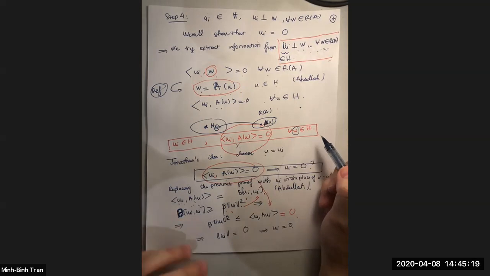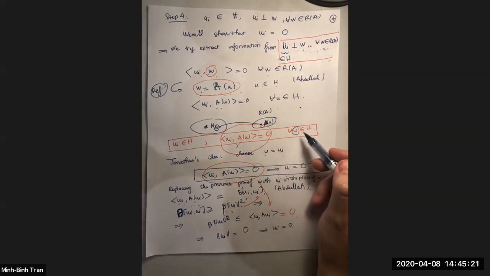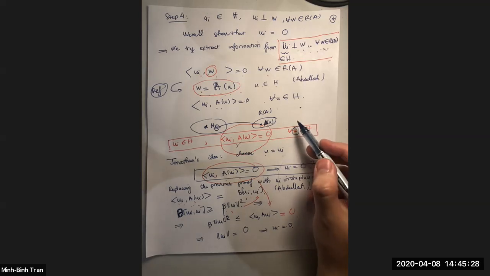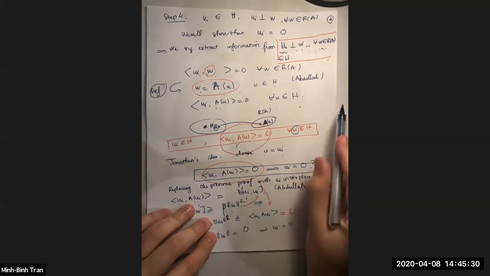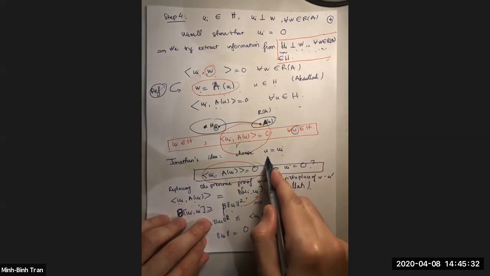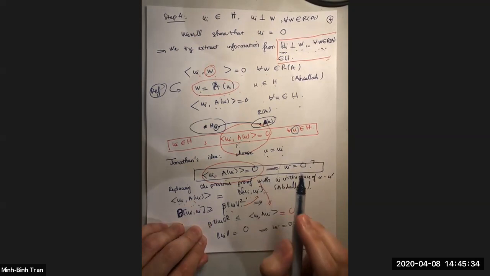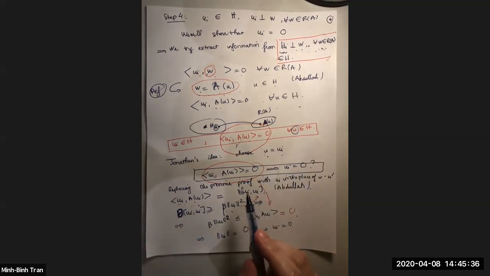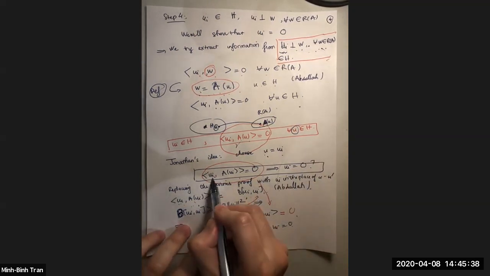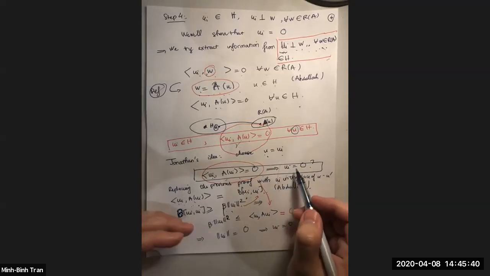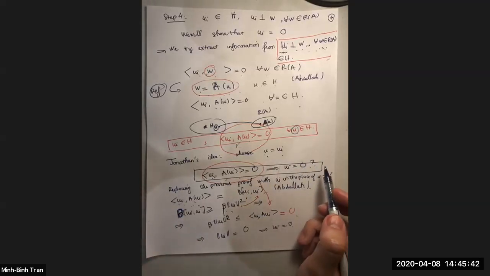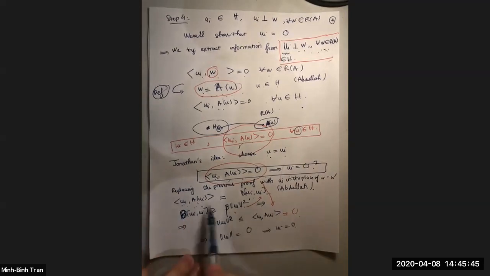So Jonathan suggested that, because this is true for all of the u, we can extract information by plugging special choices of u into this equation. So we choose one special choice, u is equal to u_i. When you choose u to be equal to u_i, you're going to have ⟨u_i, Au_i⟩ equals 0. Does this mean that u_i is 0? Yes. Because Abdullah said that we can go back from this to the bilinear form, right?